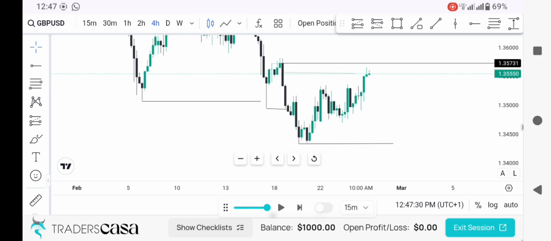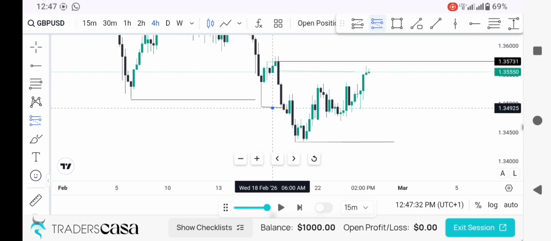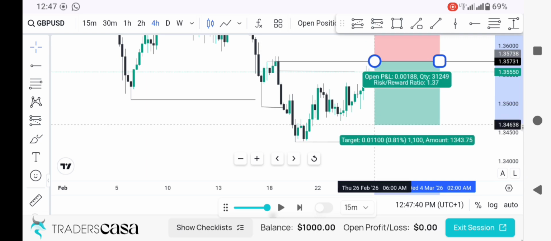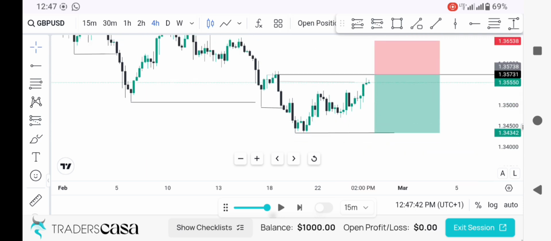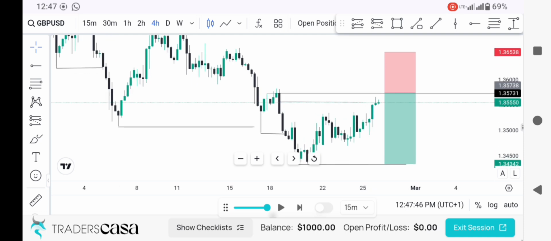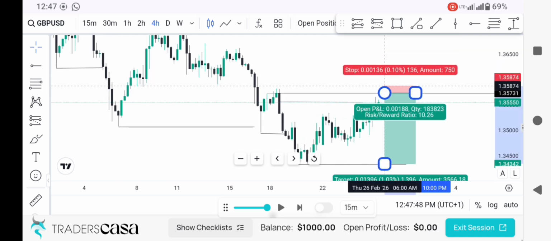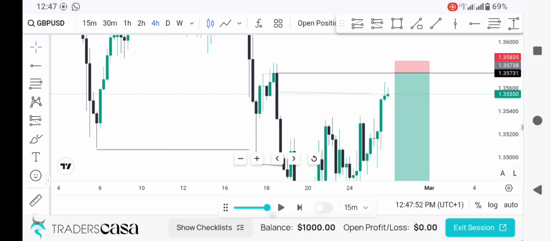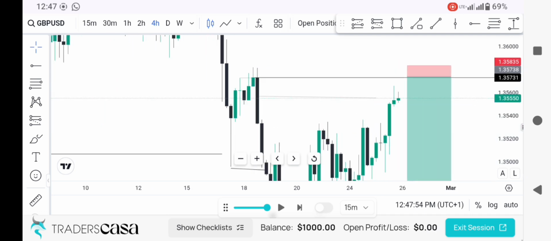If this is our point of interest, let's use our positioning tool right here. Place it, take profit should be here. My stop loss usually stays within 10 pips, not more than 10 pips. As you can see, depending on the trading range, my stop loss right here is 9.7 pips.